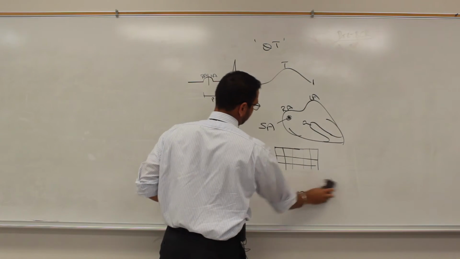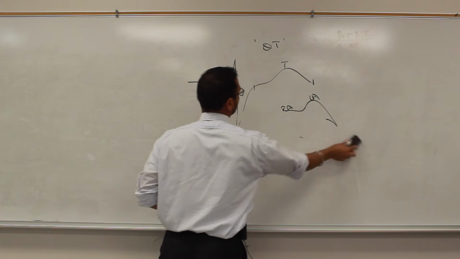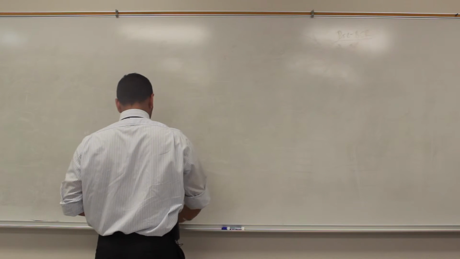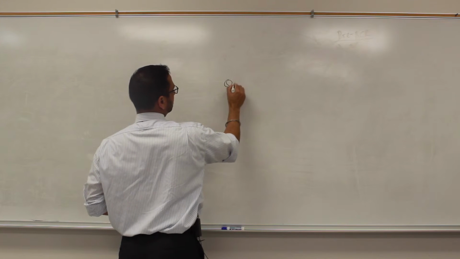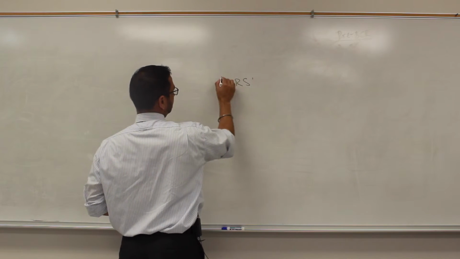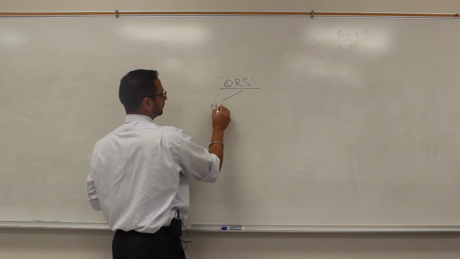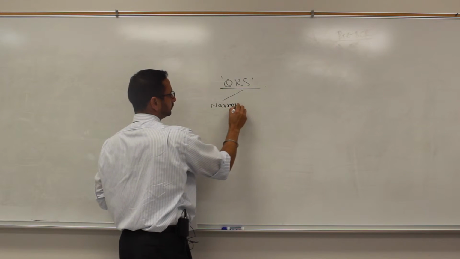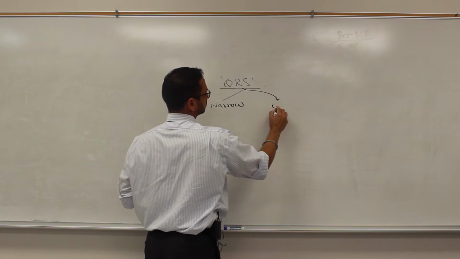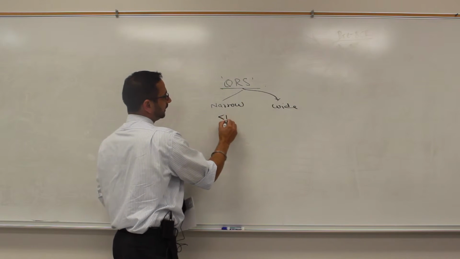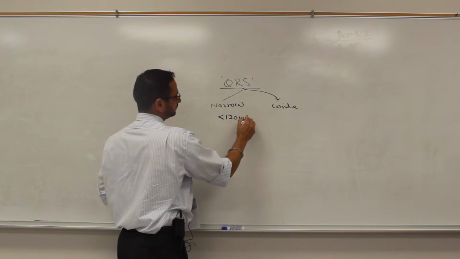Another important concept: what is QRS duration? What is a normal QRS duration? To understand tachyarrhythmias, you should know what is narrow and what is wide. Narrow is less than 120 milliseconds.